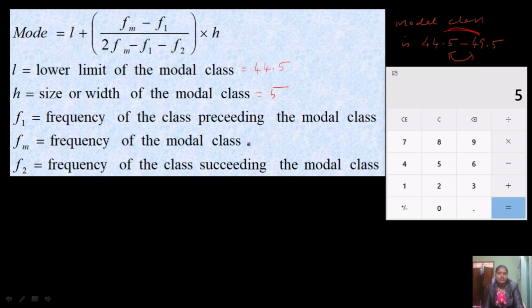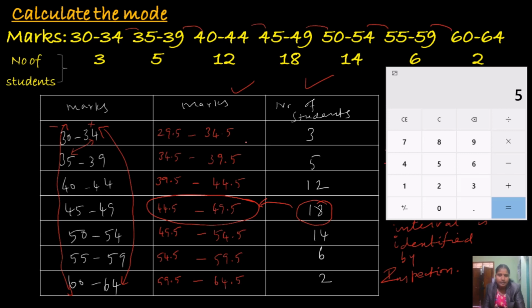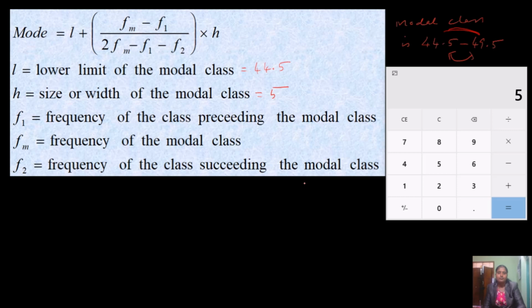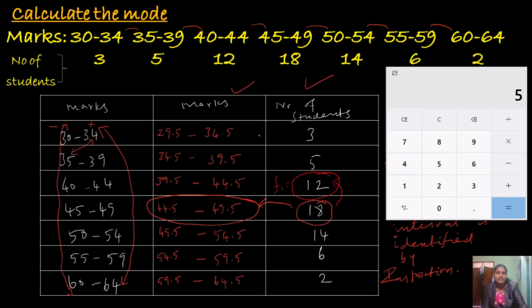F1 is the frequency of the class preceding the modal class. F1 is 12. Then Fm is the frequency of the modal class, which here is 18.